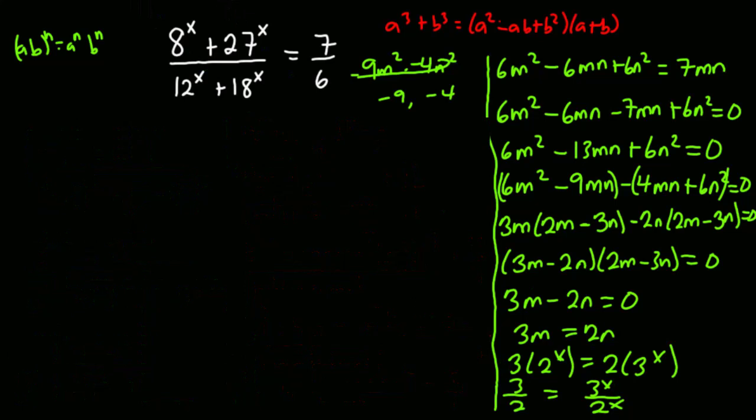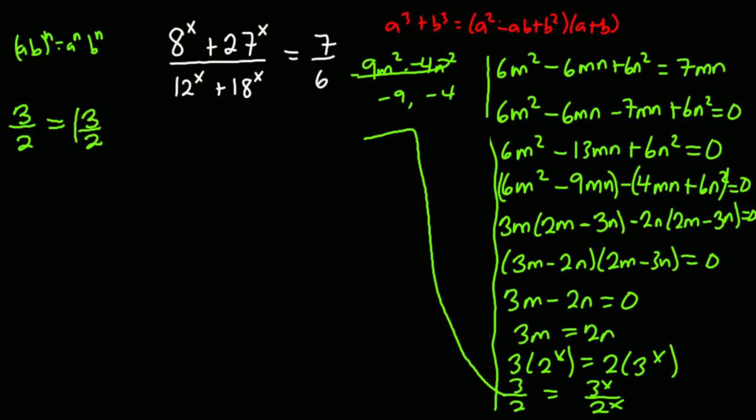Now 3 exponent x on 2 exponent x is the same as 3 on 2 all exponent x.